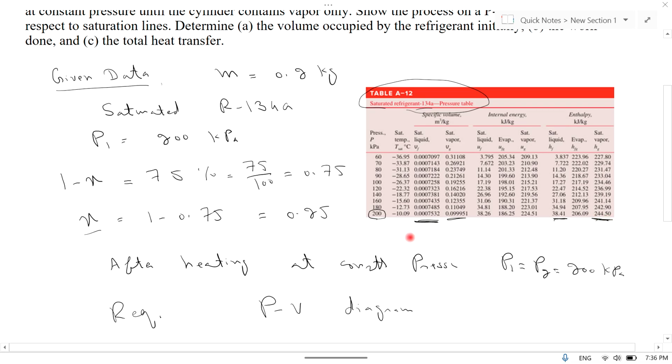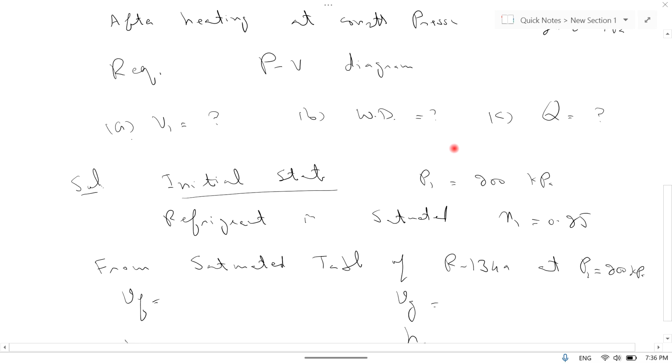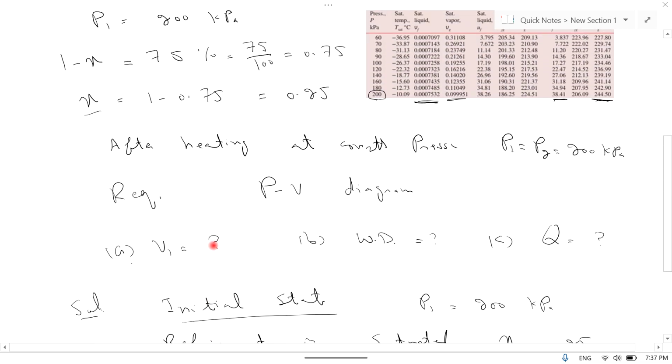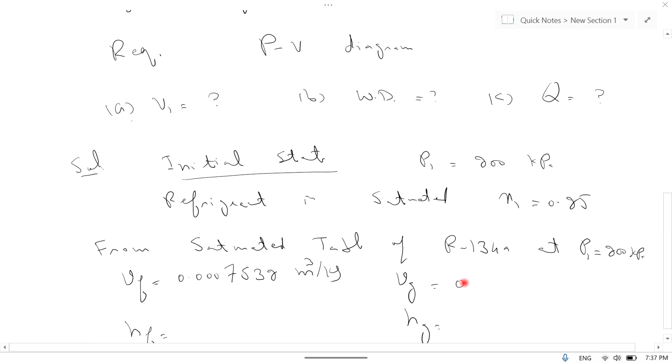So vf is equal to 0.0007532 meter cube per kg. vg is 0.099951 meter cube per kg.